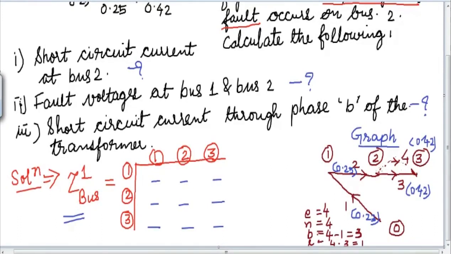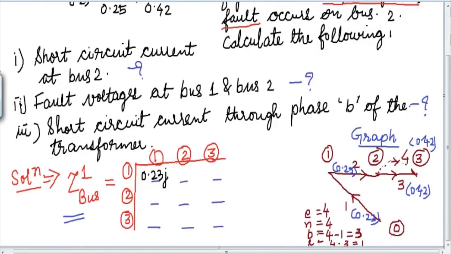So when you will apply the formula for link, then you have to first add the link and then modify the ZBus as we have done in the unit number 2. So the same procedure you will follow here, and one by one you will add the elements and complete the ZBus. So I will give the solution of the ZBus because we will require this solution here to solve the problem. So I will write the solution.